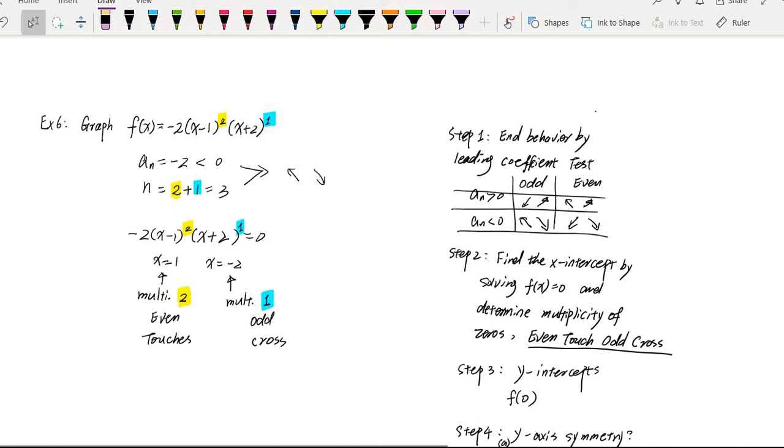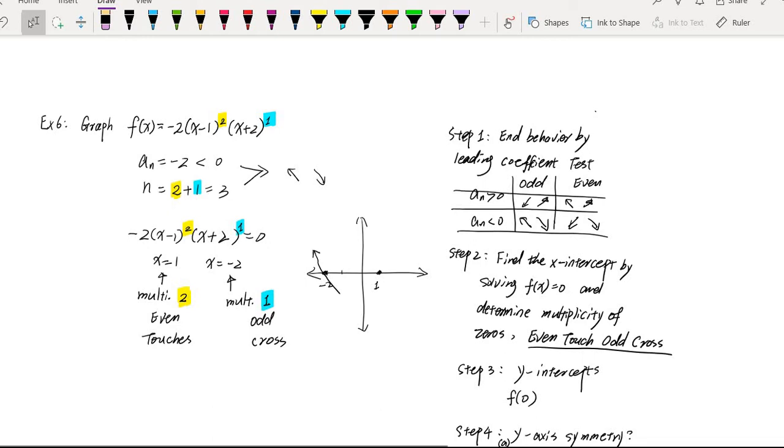Okay, so from until right here, you should have in your head something like this. You should realize, okay, we're going to have a 1, and we'll also have negative 2. Those are my x-intercepts. So for negative 2, because it's an odd cross, we're going to have something like this, because here we have the end behavior.